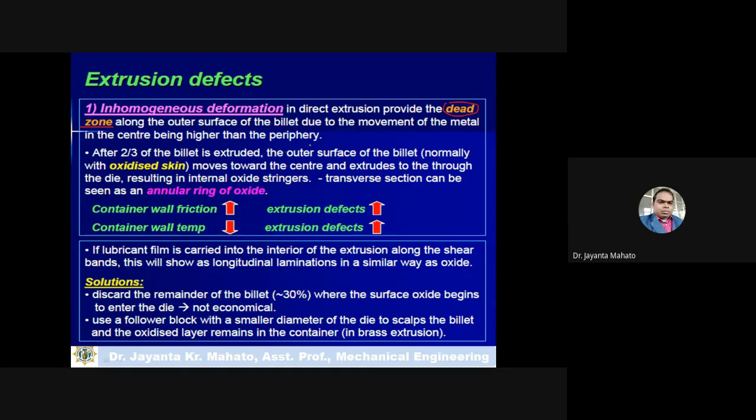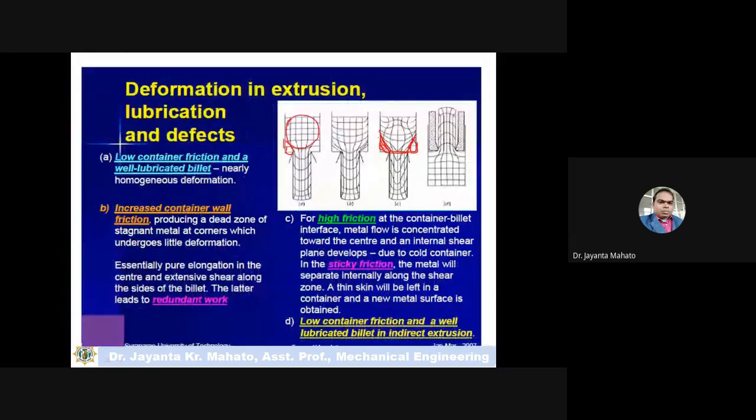Okay, means at the center of the material the flow is higher compared to the periphery.